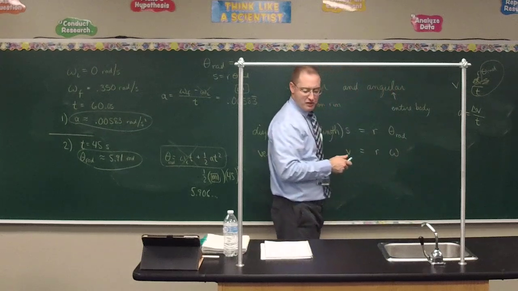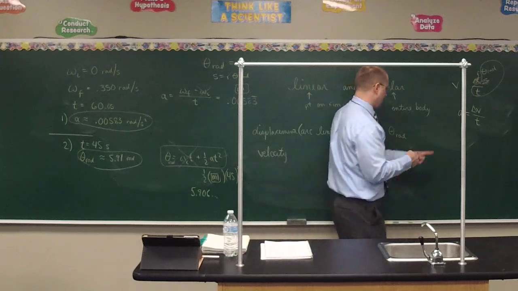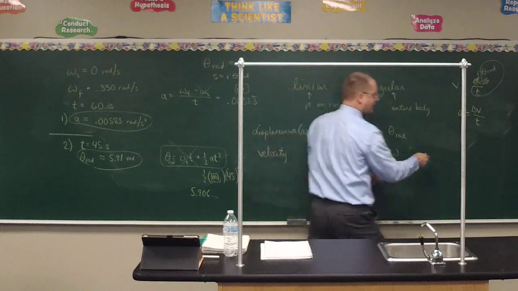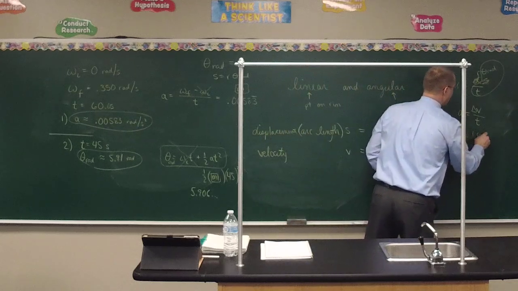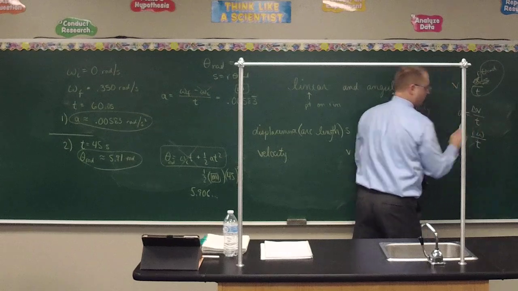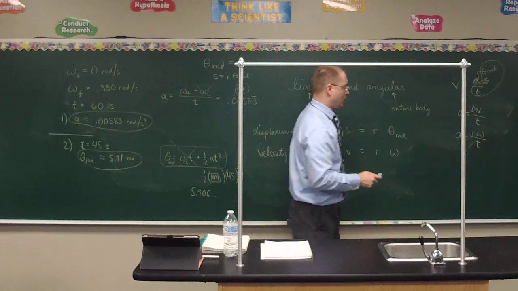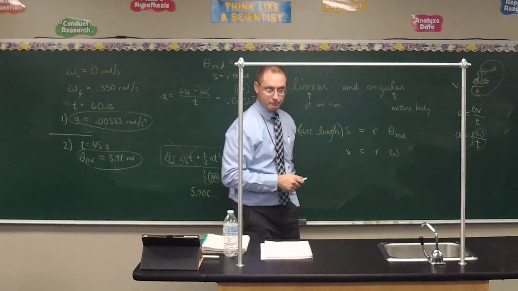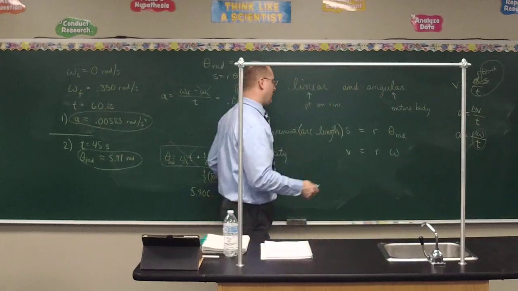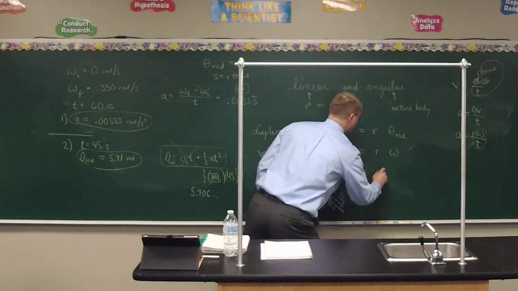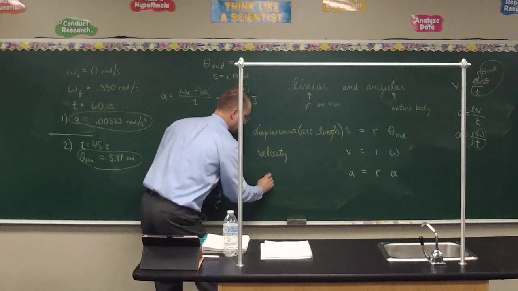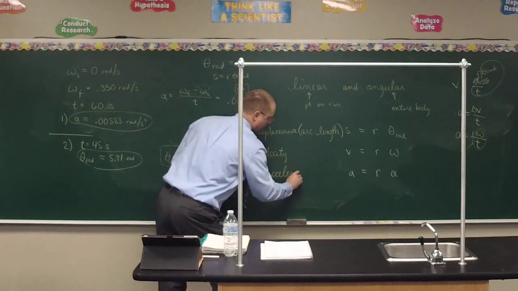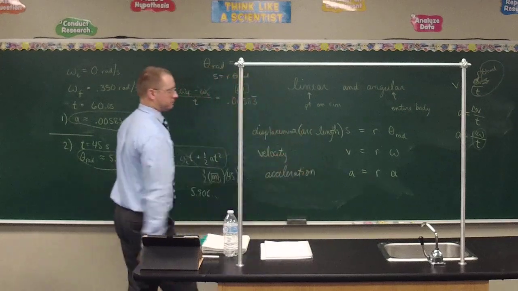Well, but if this velocity is, as we just said, r omega, then A is r omega, or the change in velocity, rather, over time, correct? Well, what is change in omega per unit time? Angular acceleration. So that A can be thought of as the radius times the angular acceleration. Do you notice a pattern?